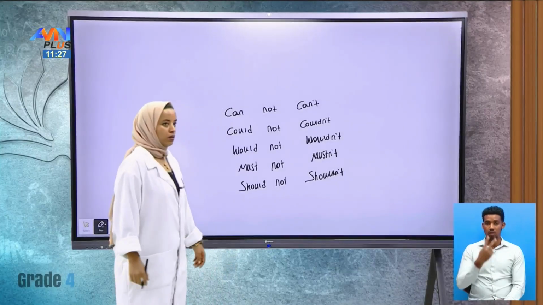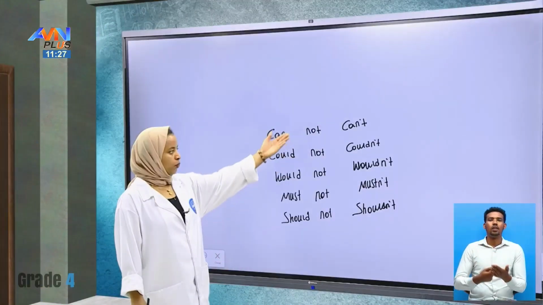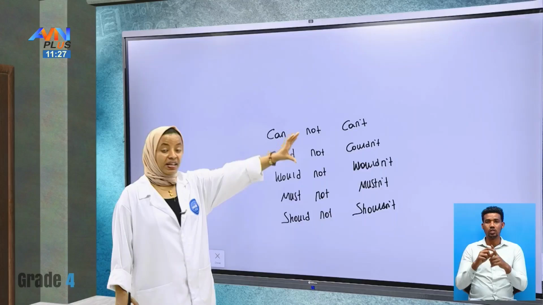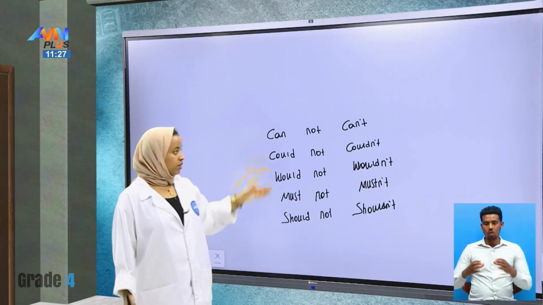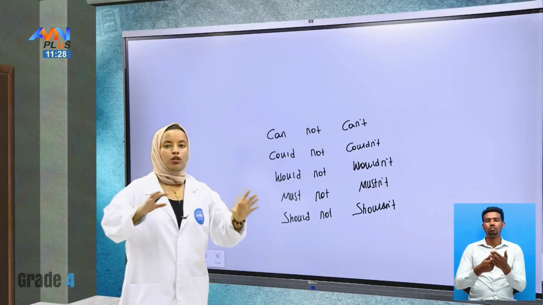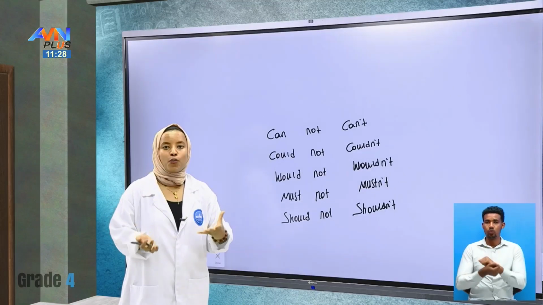Look, students, here is a form of words to make these words negative: you combine these auxiliaries with what? Not, to make a negative form of words.